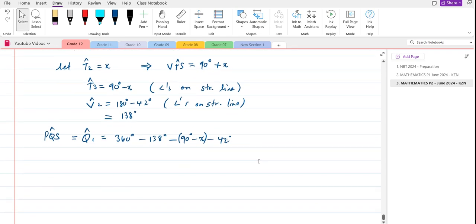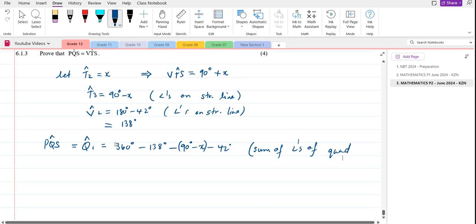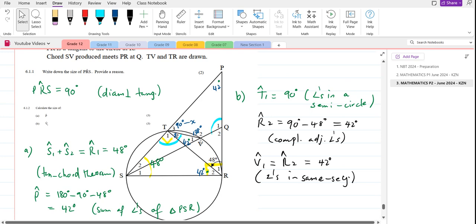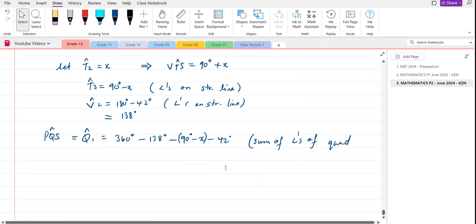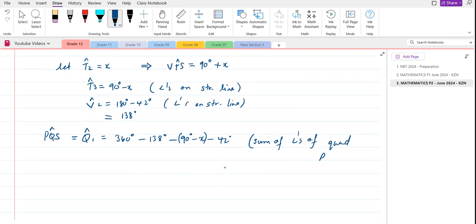So what we're writing here is sum of angles of quad PQVT. And if we work out all this, you can see minus minus x, we're getting plus x.